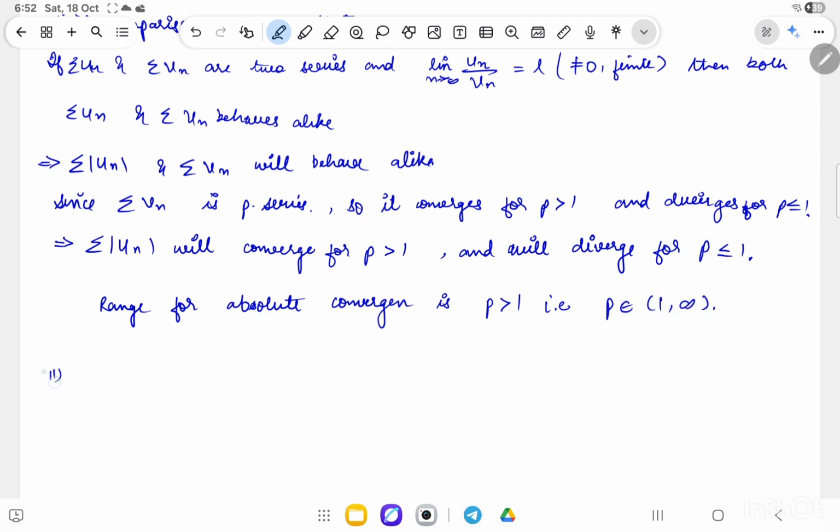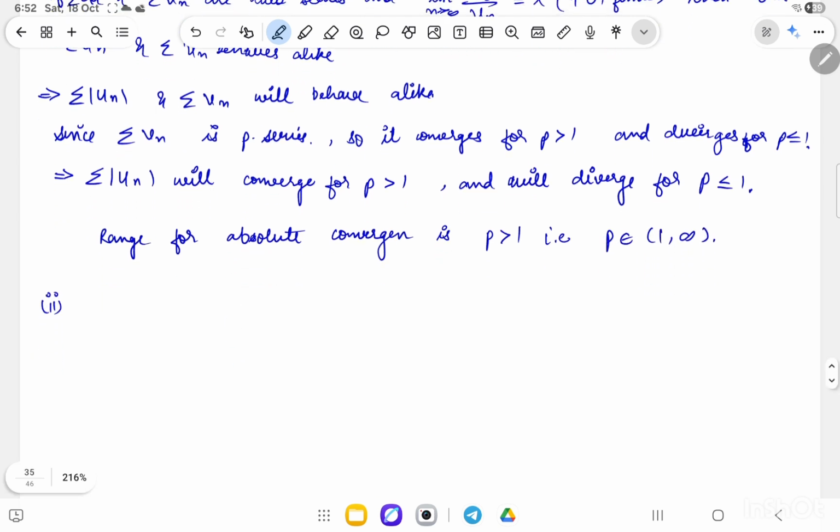Now let's move on to see the second part, in which we are supposed to find the range in which the given series summation un is conditionally convergent. First we should know the meaning of conditionally convergent, and then we'll move on to the question.